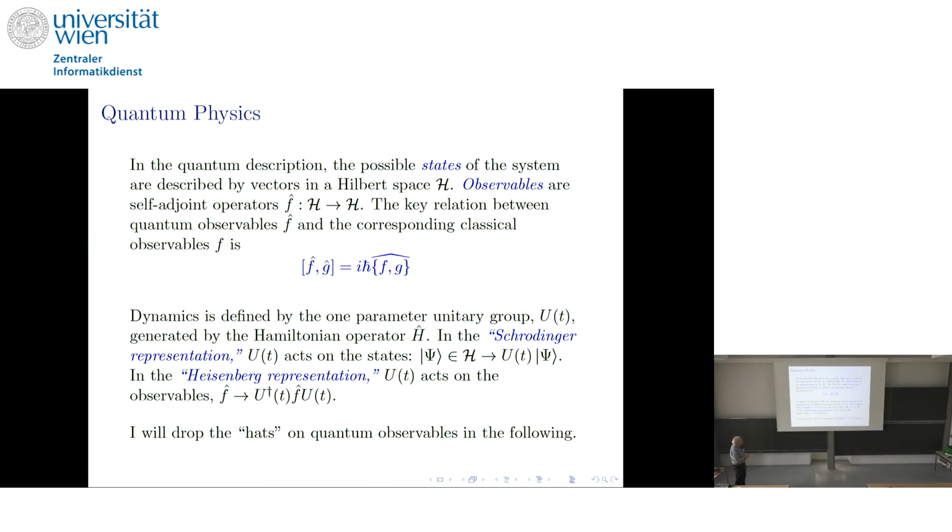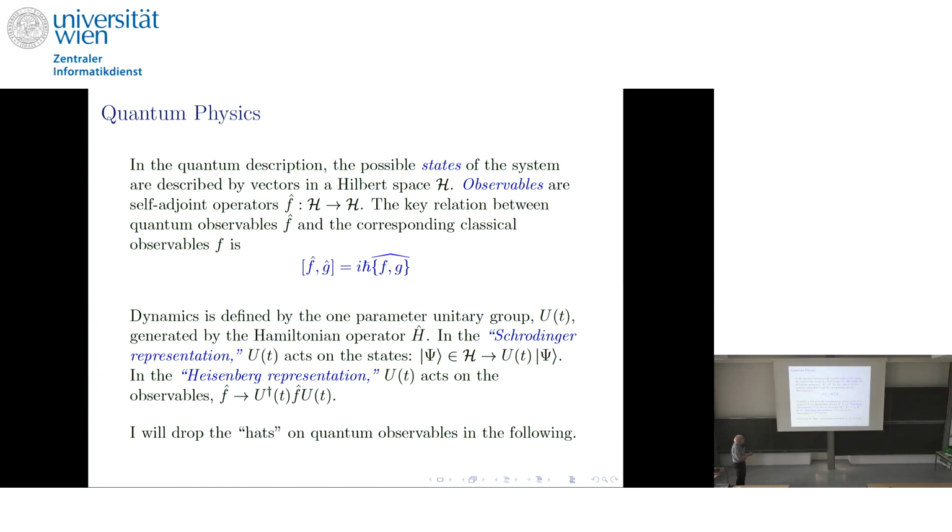Observables are now self-adjoint operators on this Hilbert space, and the one major connection between this quantum physics structure and the classical physics structure is this Poisson bracket commutator relationship. Commutation relations of these self-adjoint operators are supposed to reflect the Poisson bracket structure in this way.